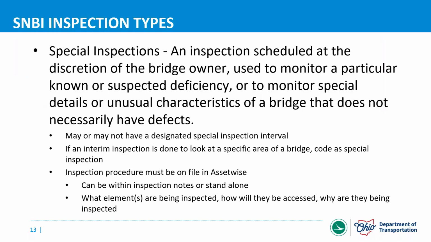Why, and who will be doing the inspecting, etc. So special inspections require procedures on file in AssetWise. If we see these inspection types coded and can't figure out in AssetWise why this was done, or we can't find the procedure, we will be asking you to add that to AssetWise as part of our QA process.